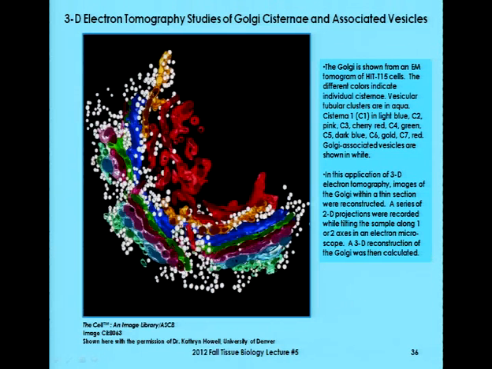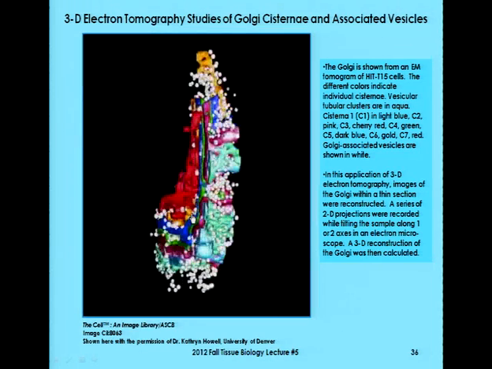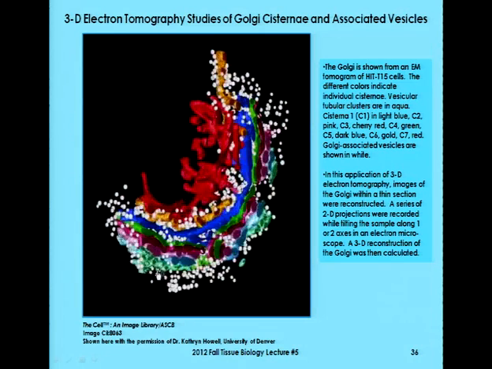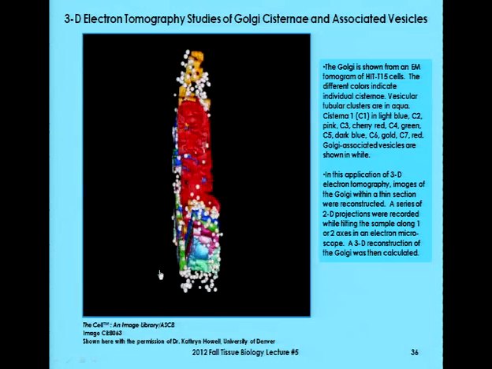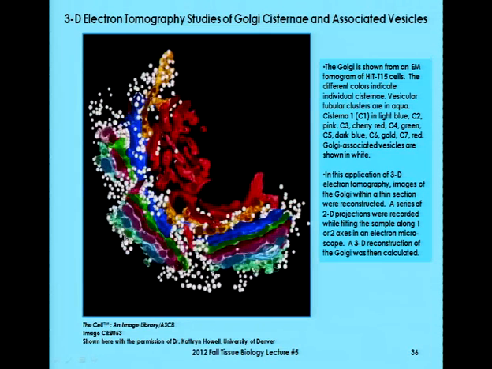And in this study, it's possible to observe the 3D image of the Golgi. And the aqua-stained portion of the Golgi in this image here corresponds to the cis Golgi network. Here we're seeing in red portions of the trans Golgi network, and the white vesicles that we see here are the various vesicles that are associated with the Golgi.